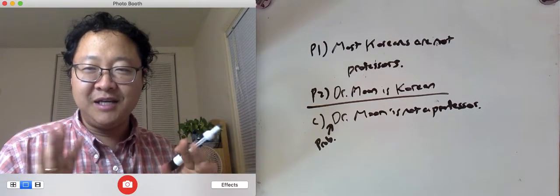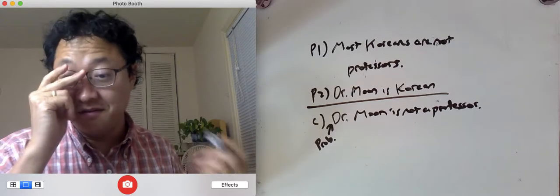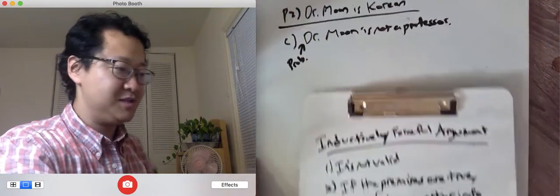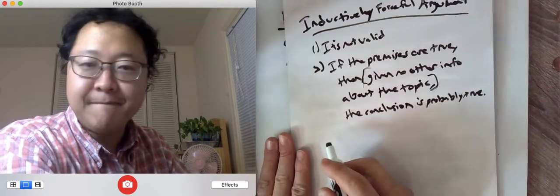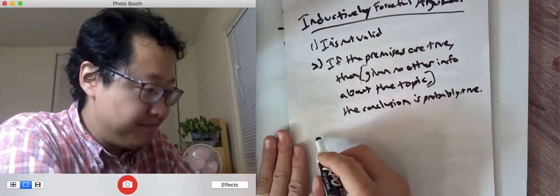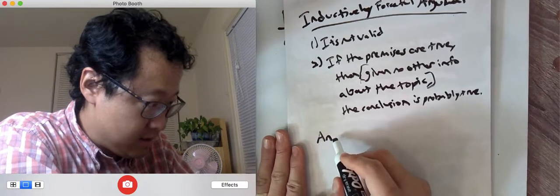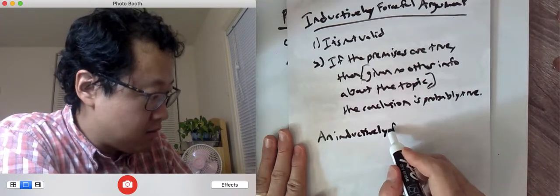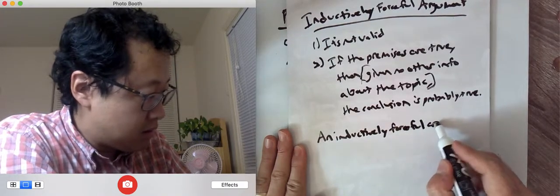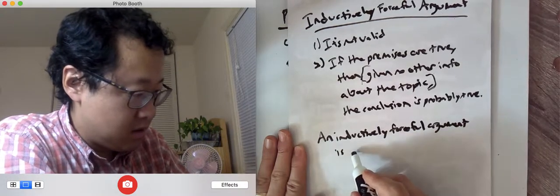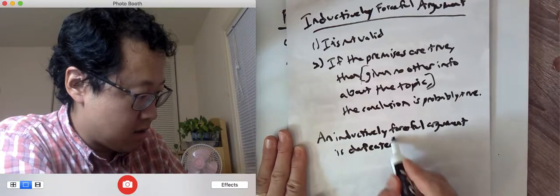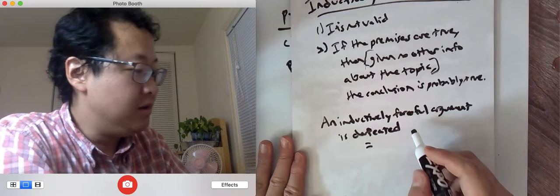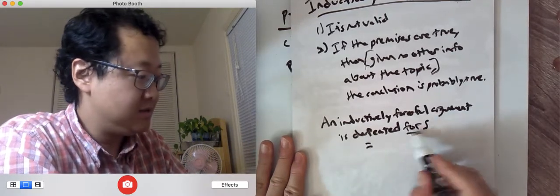I can introduce the idea of an argument getting defeated, and specifically an inductively forceful argument getting defeated. So here, I'll just write this on the board. Okay, so an inductively forceful argument is defeated, equals, okay, it's defeated for S. So it is person relative.